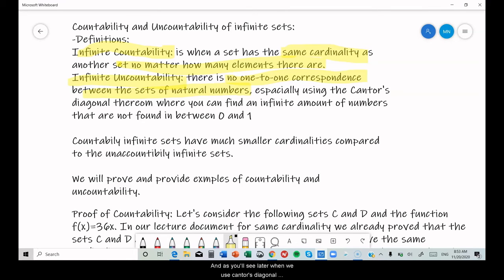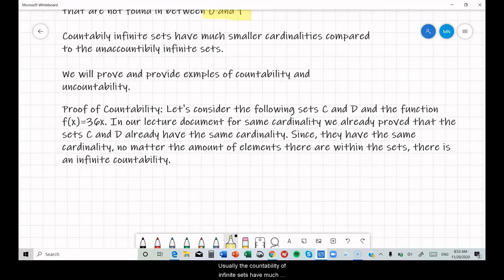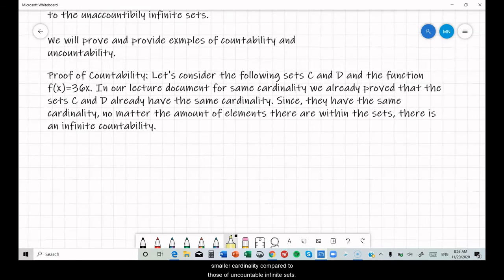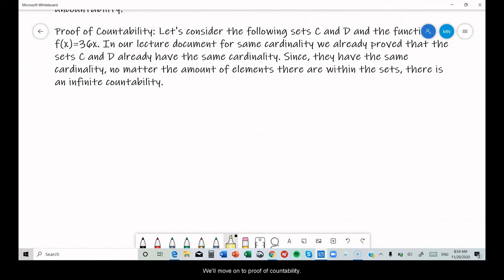And as you'll see later when we use Cantor's diagonal argument, we will find a list of infinite numbers that are not between the interval of 0 and 1. Usually the countable infinite sets have much smaller cardinalities compared to those of uncountable infinite sets. So now we'll move on to proof of countability.